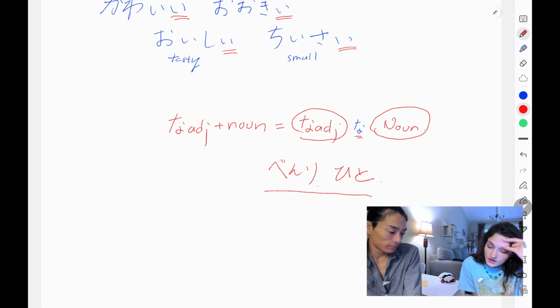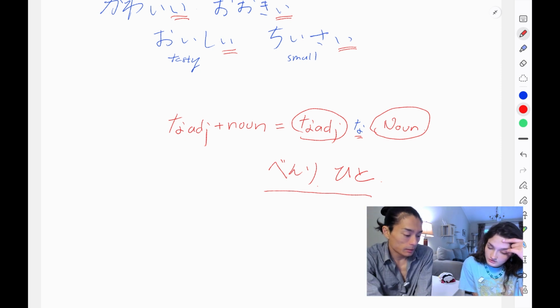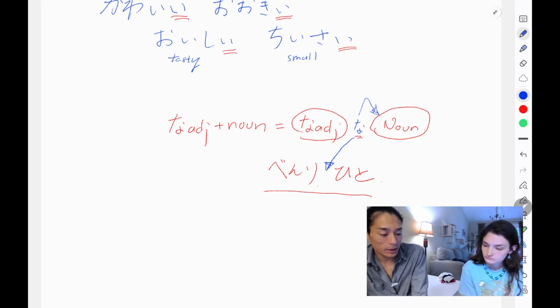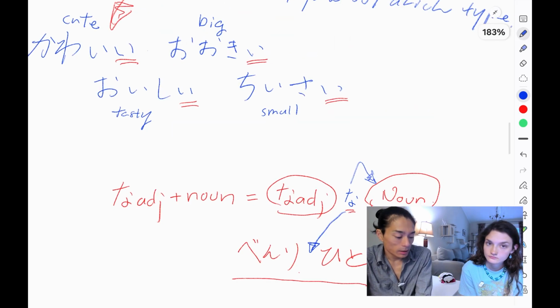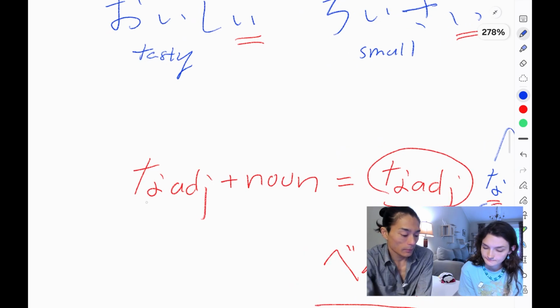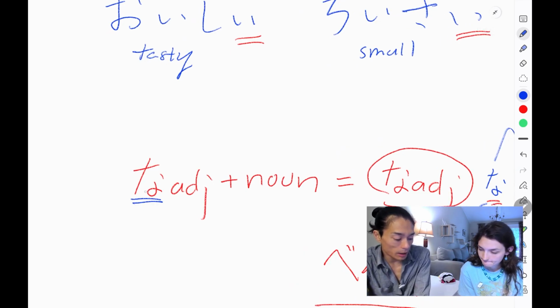Benri na hito. Perfect. Since for na-adjectives we have to add na to directly connect to a noun, it's called na-adjective. To memorize, one suggestion is that the na from na-adjective comes from noun.